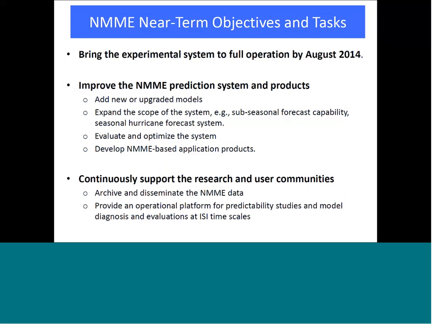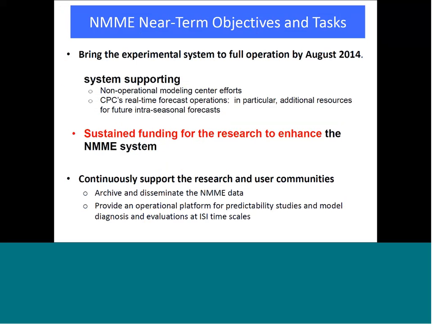I list a few tasks about the improvement, and also to continue to support the research and user community by providing the model, and to continue to do the research.